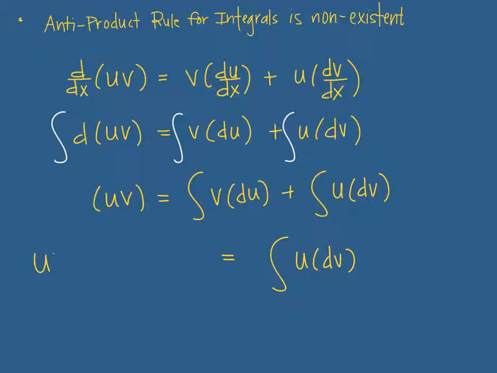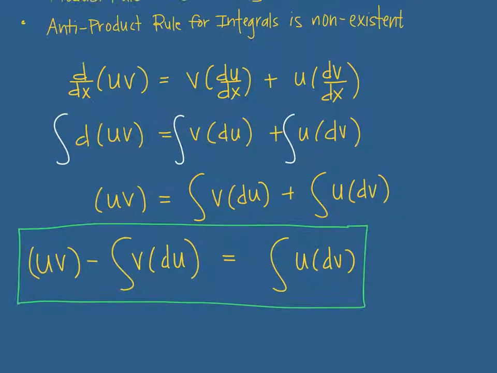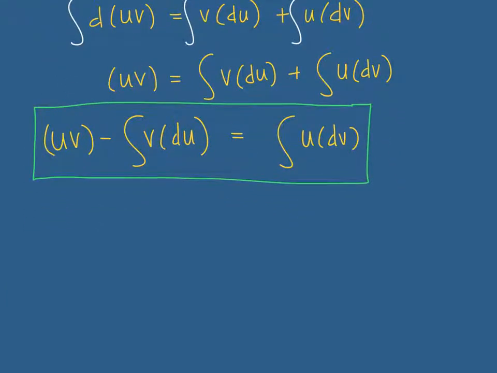So I end up with uv minus the integral of v du. That format that you end up with is what is called integration by parts. And that truth, that property, that you can isolate one integral and end up with the subtraction on the other side, is what is called the process of integration by parts.